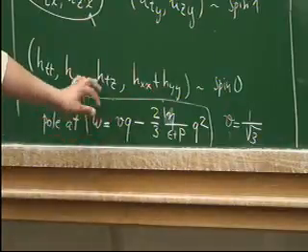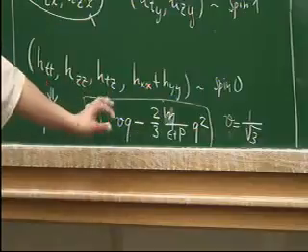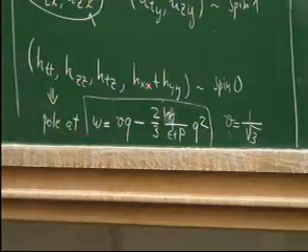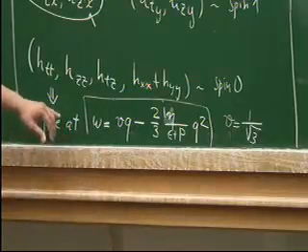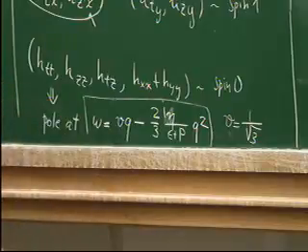So the occupation number of this particle is much bigger than 1. So we cannot talk about quantum fluctuation. This mode is not a quantum fluctuation. It is a classical fluctuation of the thermal medium.